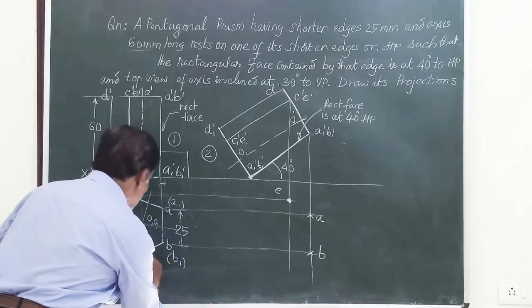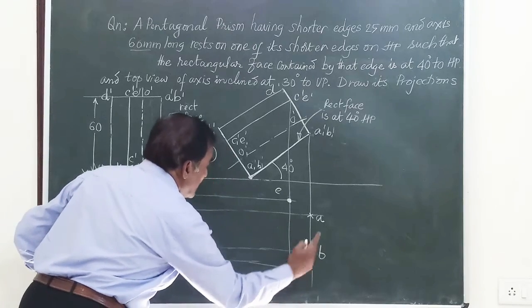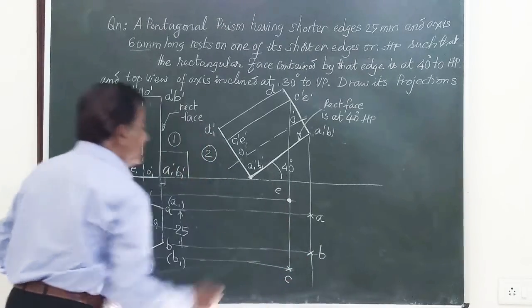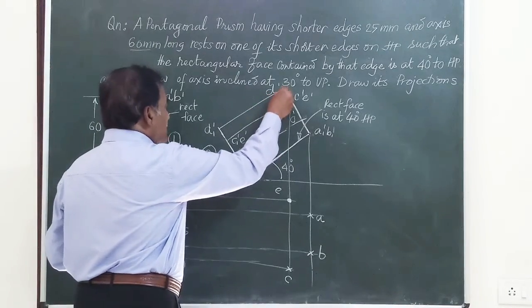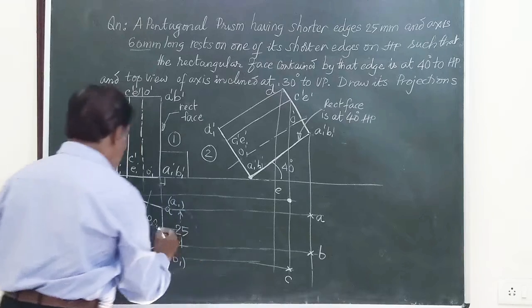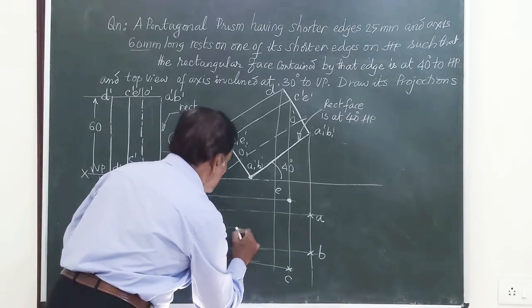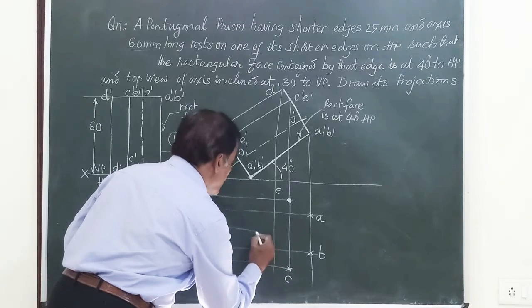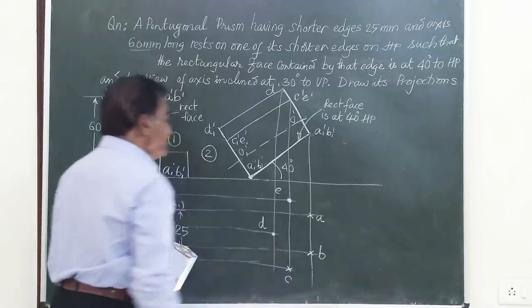You got that C at the equal distance. So this point is A, B, C. This is E. We have to finally obtain D of the top face. Draw a vertical line from D, a horizontal line from here, which passes through the center of the axis. So you get a point here, and I mark this point as D.